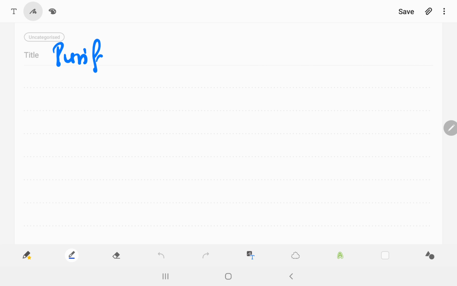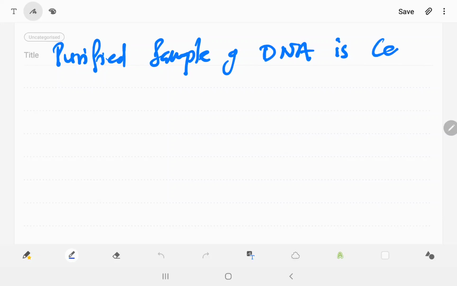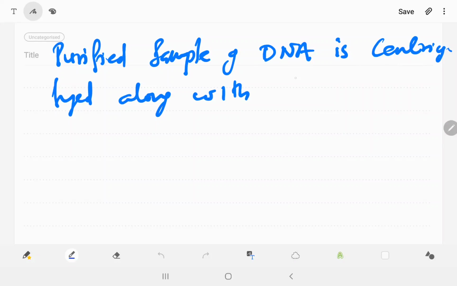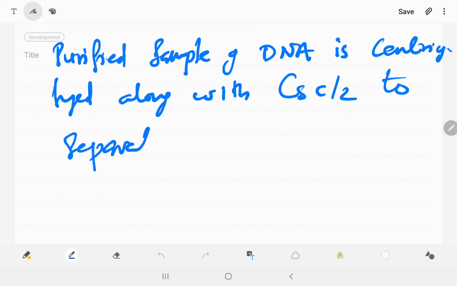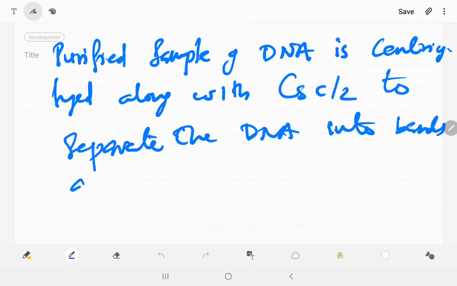A purified sample of DNA is centrifuged along with cesium chloride to separate the DNA into bands according to density.